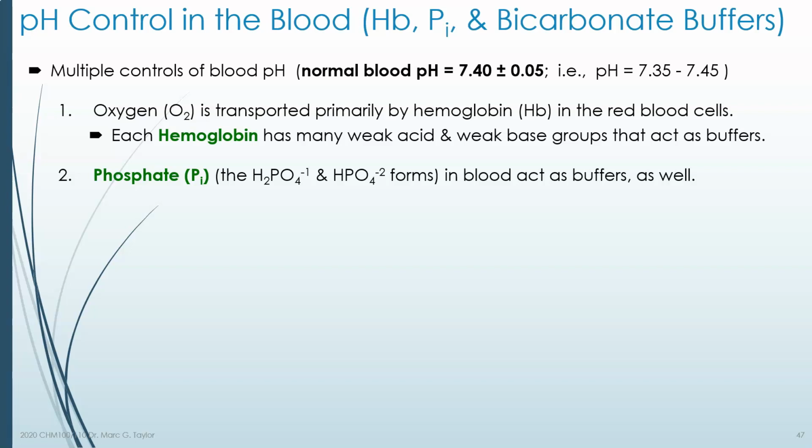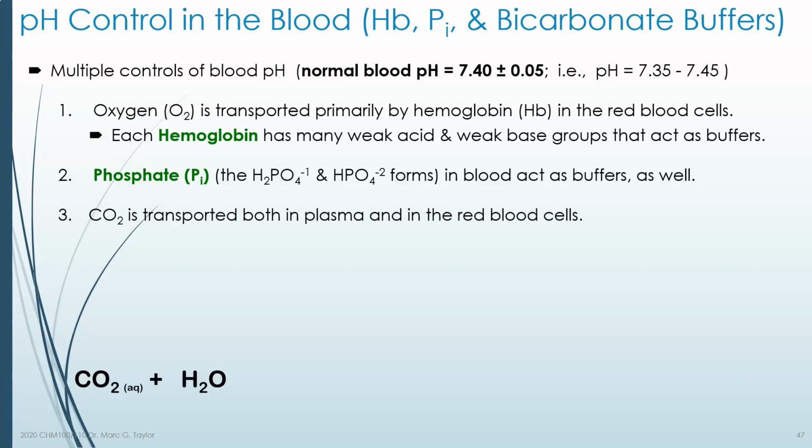So people will have these IV bottles that will have what's called PBS, phosphate buffered saline. So it's a mixture of these two ions as well as sodium chloride. And there are also potassium ions and sodium ions in there because you need those to counter the charges of the phosphate ions. But this buffer works very well in saline solutions as well as in your blood.